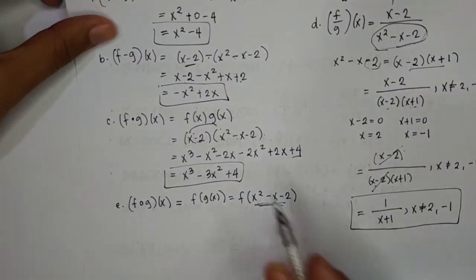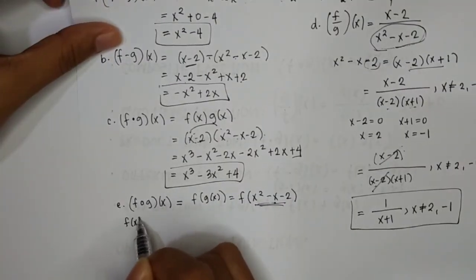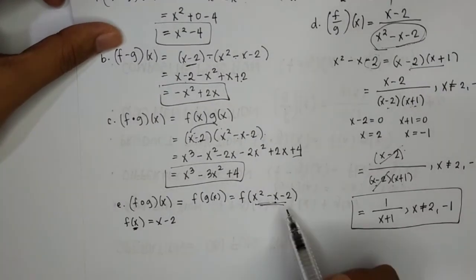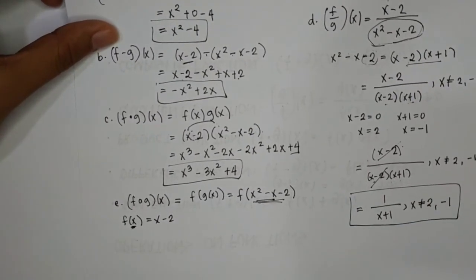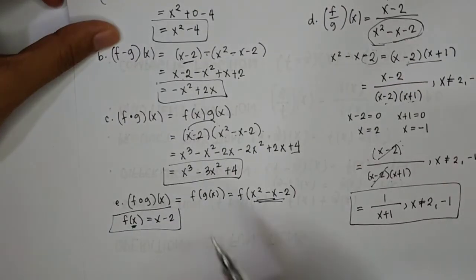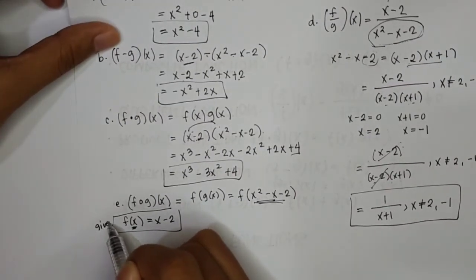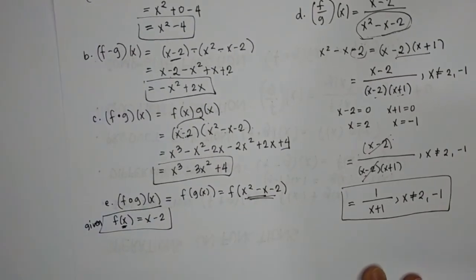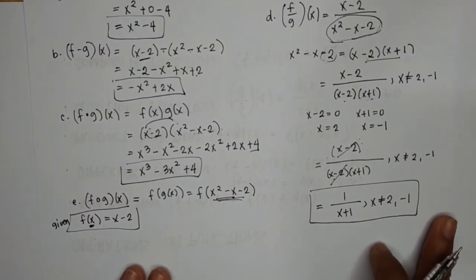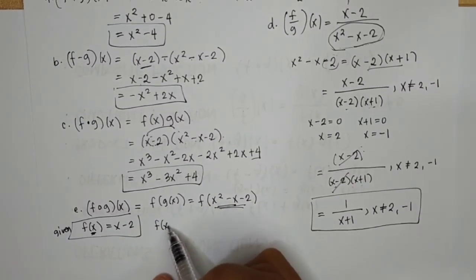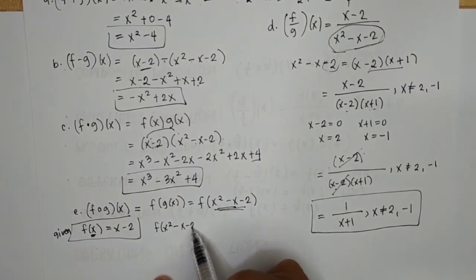So, copy natin yung f function. We have f of x that is equal to x minus 2. So, palitan natin siya ng x squared minus x minus 2. So, that is our given function. So, we have now our function that is f of x squared minus x minus 2.